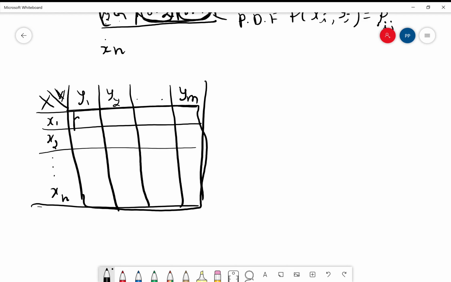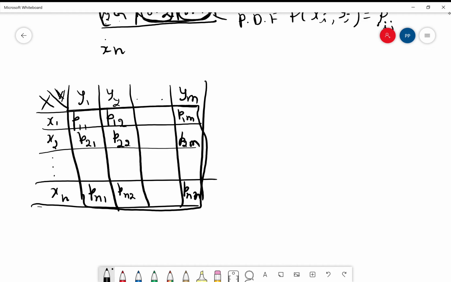This is P11. The P11 is the probability that x takes the value x1, y takes the value y1. This is P12. This is P1m. Similarly, this is P21, P22, this is P2m. And here it is Pn1, Pn2, Pnm.